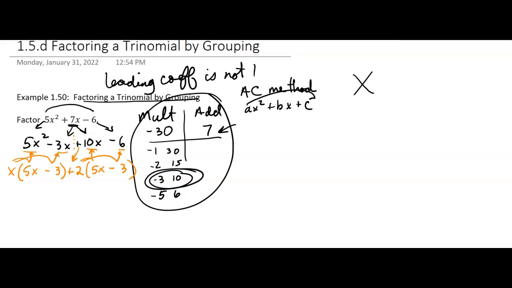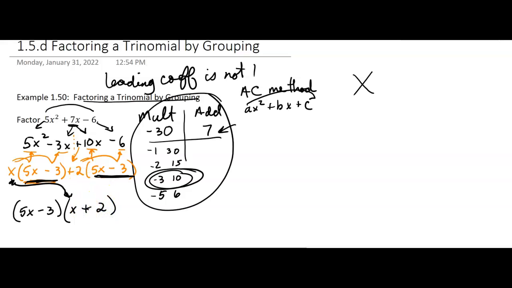And then what's really cool about the grouping method, this parenthesis right here is going to look just like this one. And if that doesn't happen, something went wrong with your method. But if you did it right, those are going to be the same parenthesis. So you're going to factor out that parenthesis they have in common, 5x minus 3. And then what's left is this x plus 2.